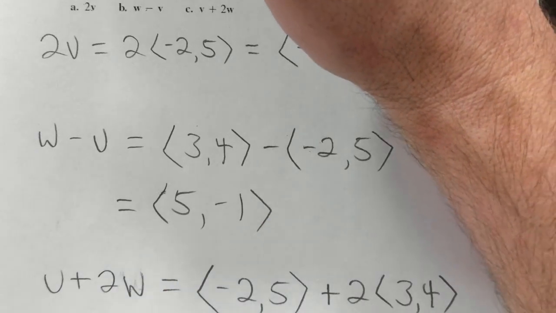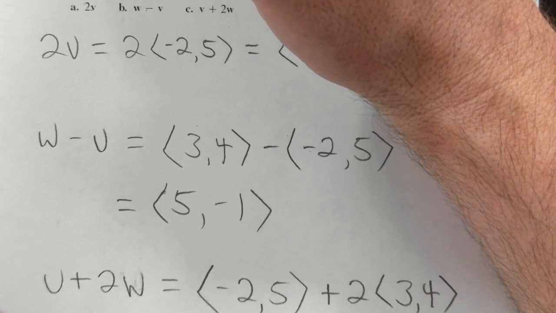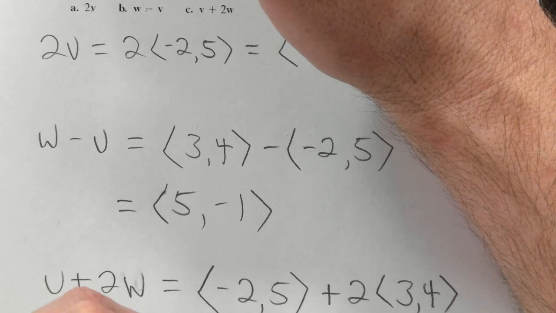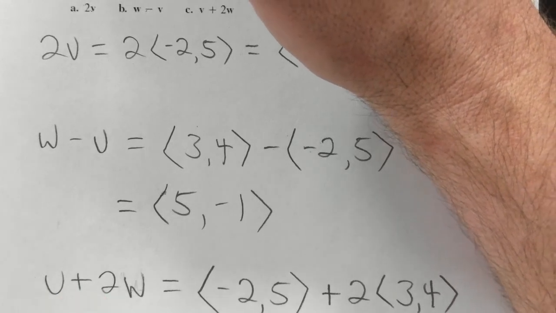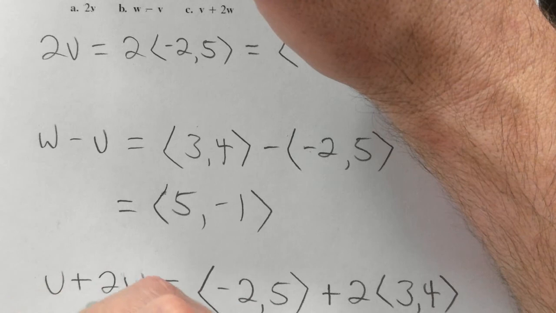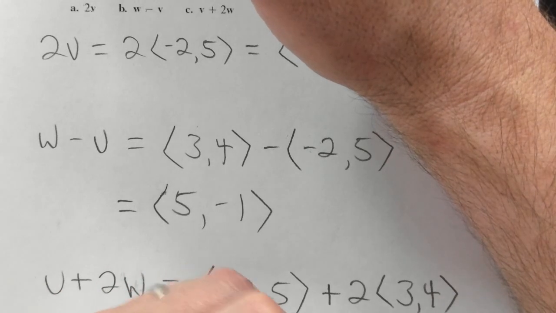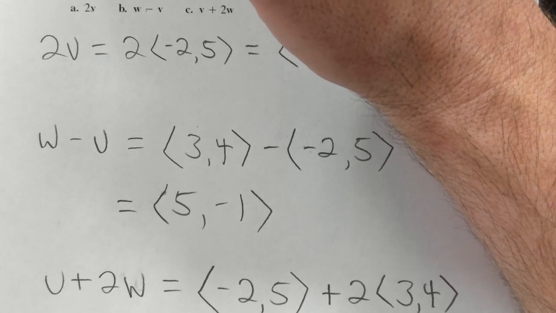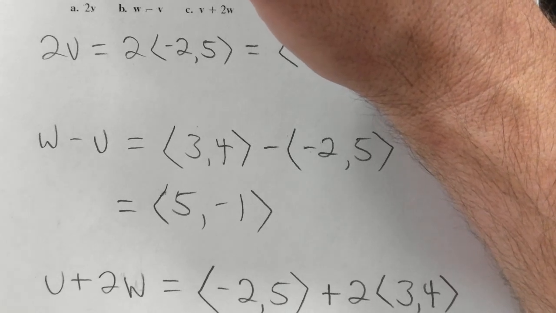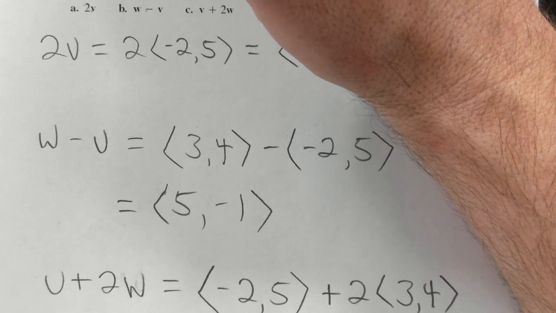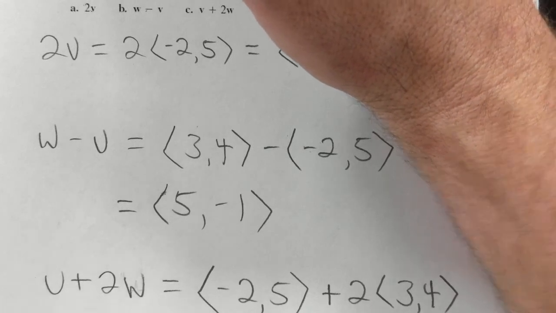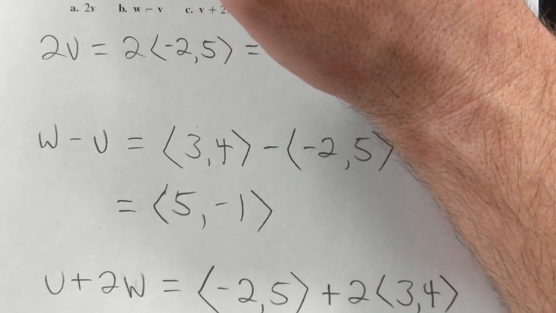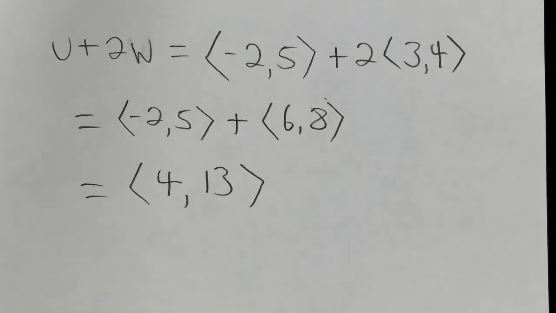The first component will remain the same as I multiply out the next one, which is going to be 6, 8. Now that I've multiplied that scalar, I can add them together. -2 plus 6, what will that be? That'll be 4. And 5 plus 8, that'll be 13. I hope you can see that.